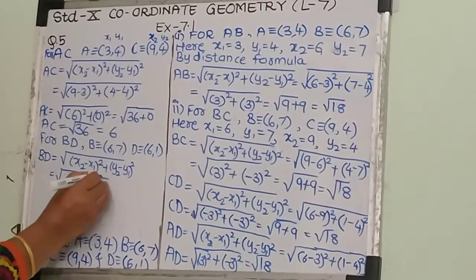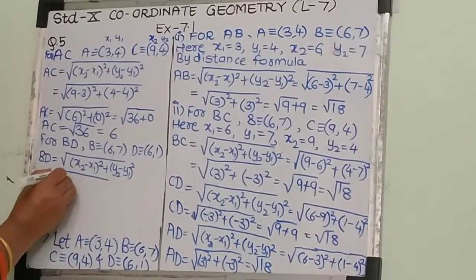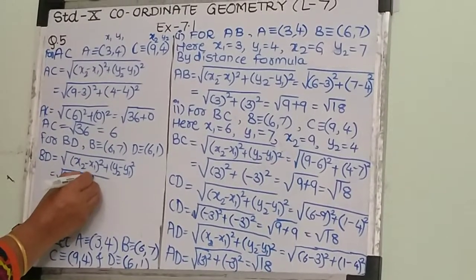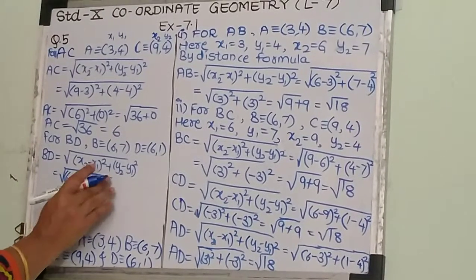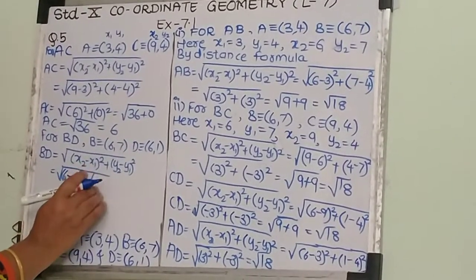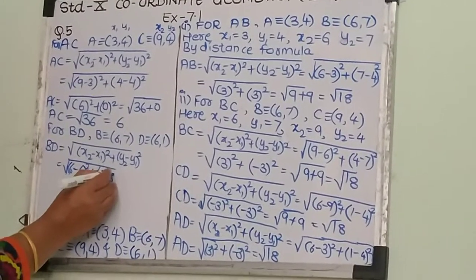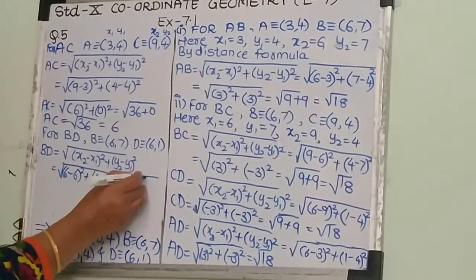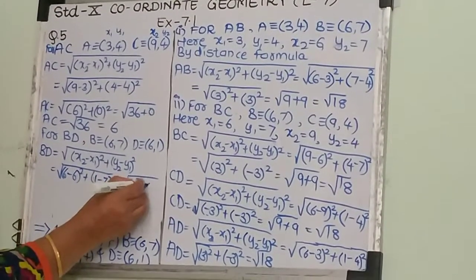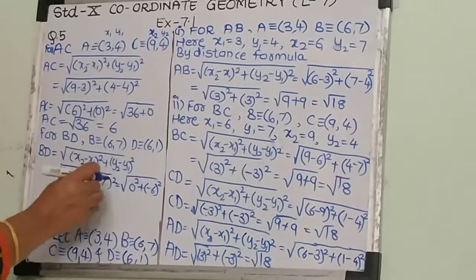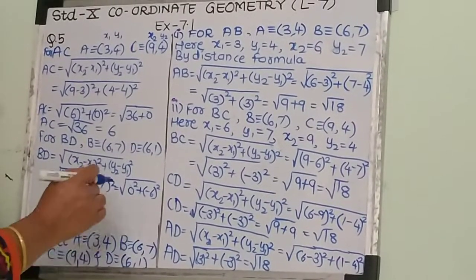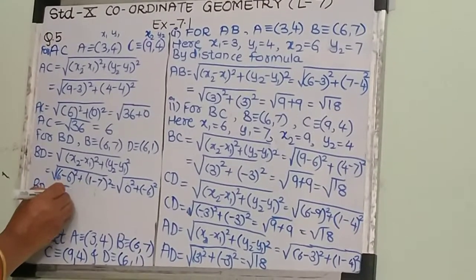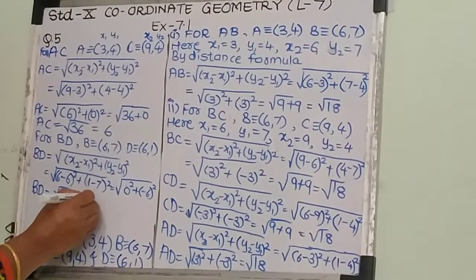So here we get x2, that is (6 minus 6) square plus, first y2 will be (1 minus 7) bracket square. So here we get 0 square plus (minus 6) square, and minus 6 square is 36. So BD is equal to root of 36 and that is equal to 6.